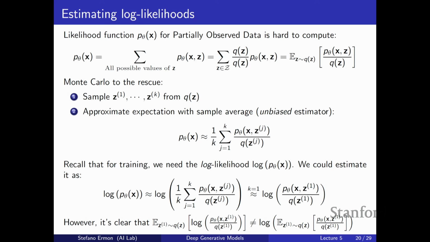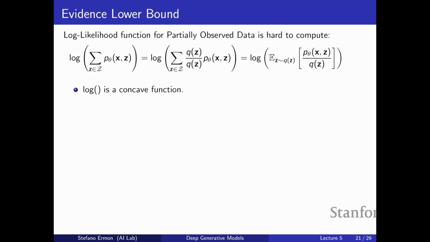Even though the expectation of the right-hand side here is what we want, when you apply a log, there is bias. And we can actually figure out what that bias is.